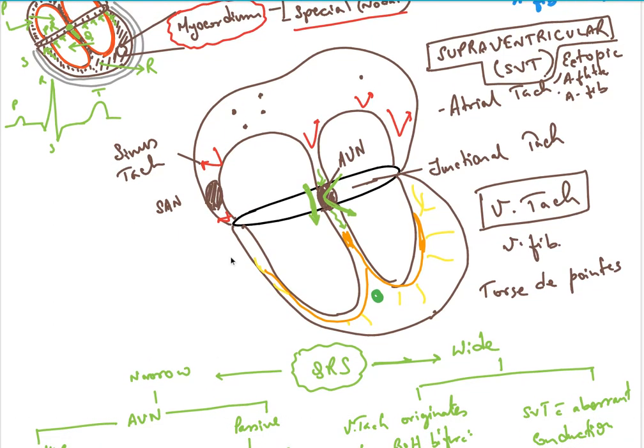Now, as far as SVT is concerned, you will see that it can have an atrial tachycardia if the entire atrium is showing higher contractility. It can be a sinus tachycardia. Maybe your SA node has gone crazy. Your SA node is generating the impulse at a higher frequency. So that can be a sinus tach or sinus tachycardia.